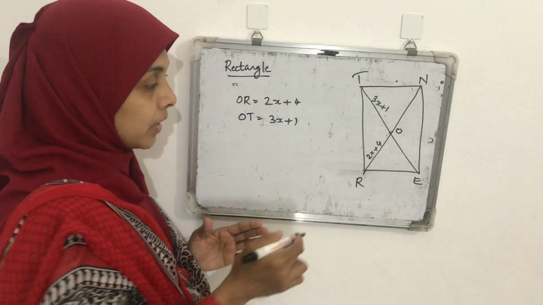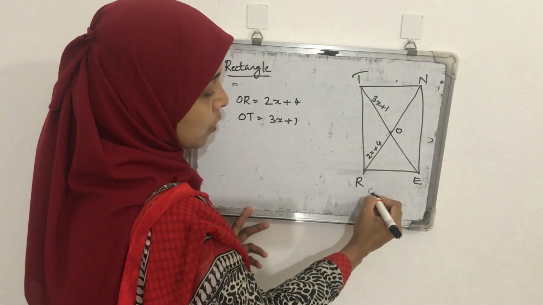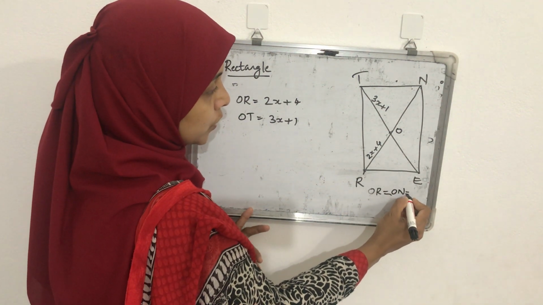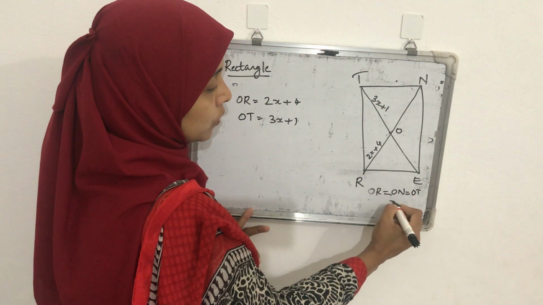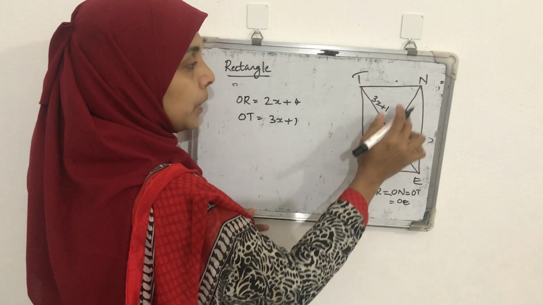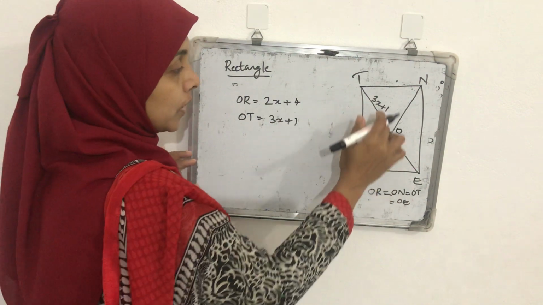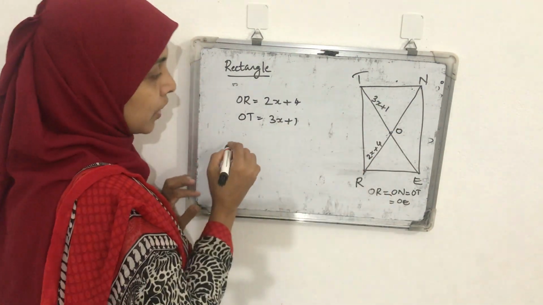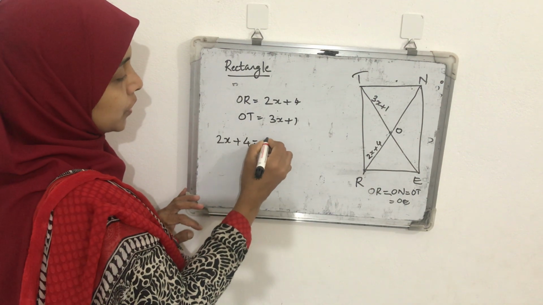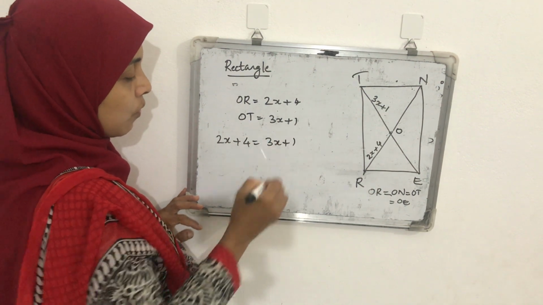So how can we equate the 4 measures? OR will be equal to ON, equal to OT, equal to OE. These 4 lengths will be equal. Here 2 lengths are given, so we can equate 2x plus 4 is equal to 3x plus 1.